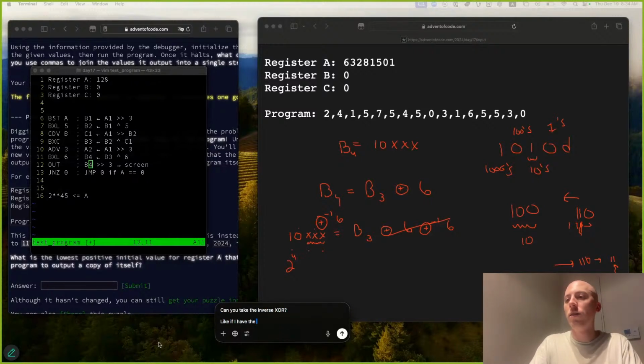If I have the expression x XOR 5, can I do y is equal to, can I do the inverse XOR to the right side of both equations and solve for x? Let's just say we have a 4 like that.